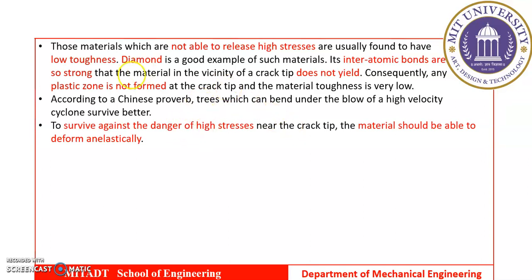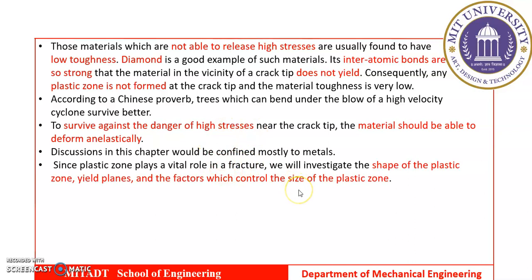Now the Chinese proverb says that the trees which bend under the blow of a high velocity cyclone survive better. This we can relate to plasticity and the stresses. That means to survive against the danger of high stresses, the material should be able to deform plastically near the crack tip.